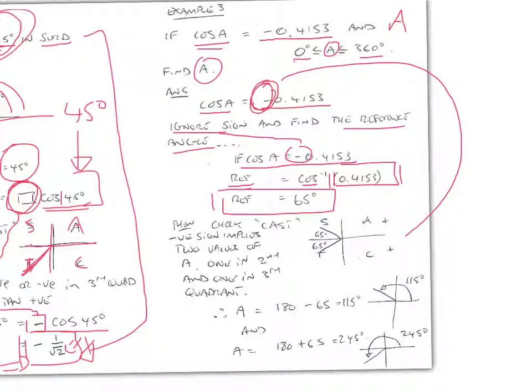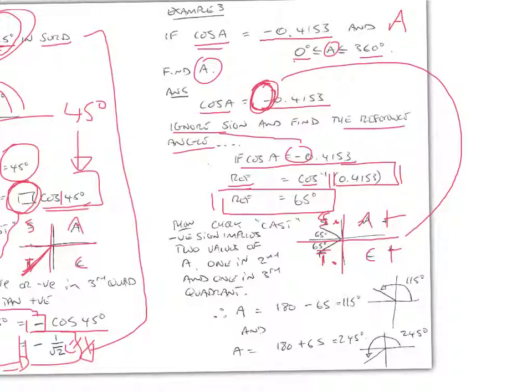Okay, and we'll draw our CAST and we'll say C-A-S-T. Okay, cos is positive there, all are positive there, only sine is positive here, so a negative cos will be in here in second. Only tan is positive there, so a negative cos will appear here, and we have a negative sign here.